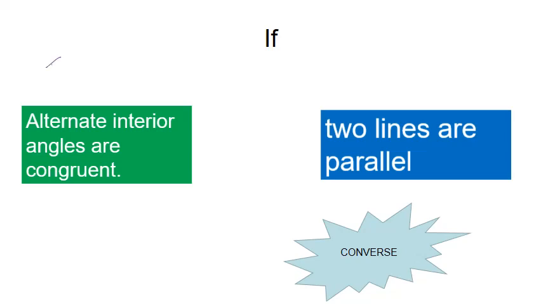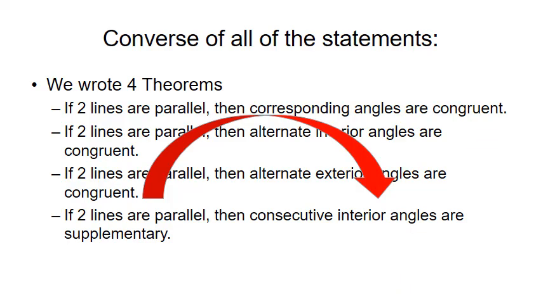So now we're saying if alternate interior angles are congruent, then the two lines cut by the transversal are parallel. So just make sure that you note that this direction of writing our if-then statement is known as the converse.